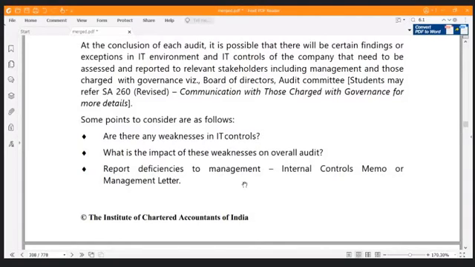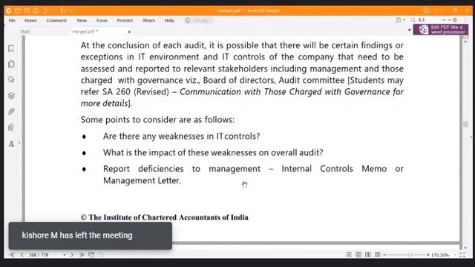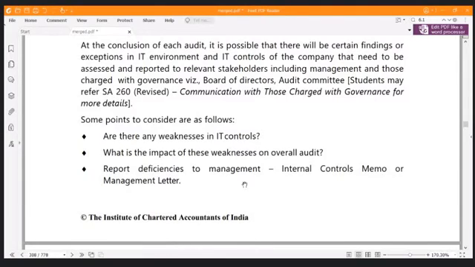Since they are at a higher level than the C-suite employees, the auditor has a very good chance of controlling any misbehavior by the C-suite employees. Even if they threaten you, you can still go to the board of directors, the audit committee, and say, boss, this is what is happening. I'm not able to get my audit done. You need to step in and take things into your control. And this is very required because even in one of the entities that I audit over here, there is this CFO who is very controlling and very dominant.